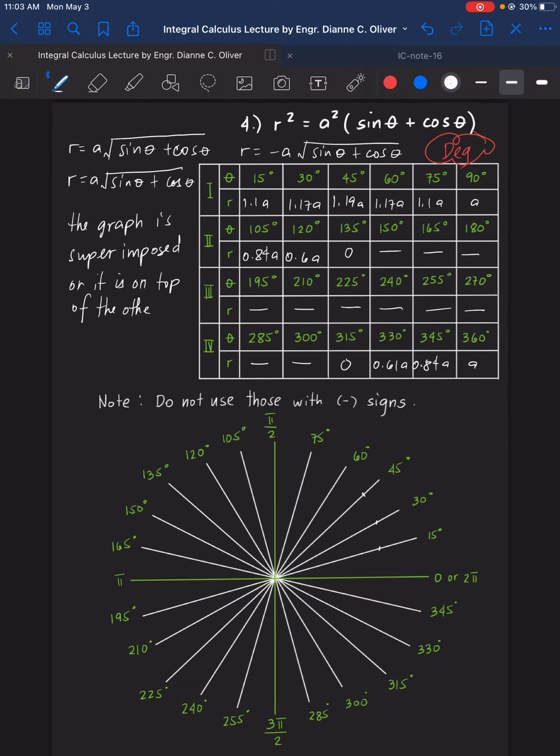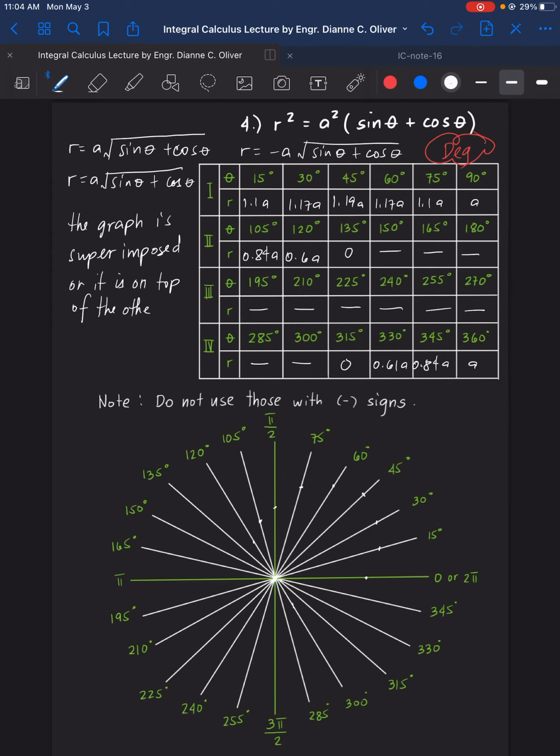At 360 degrees, it's 1. Okay, see here. Right? At 60 degrees, we have 1.17, 75 is 1.1, 90 is 1. Okay? And then 105 is 0.84, 120 is 0.6, 135 is 0.